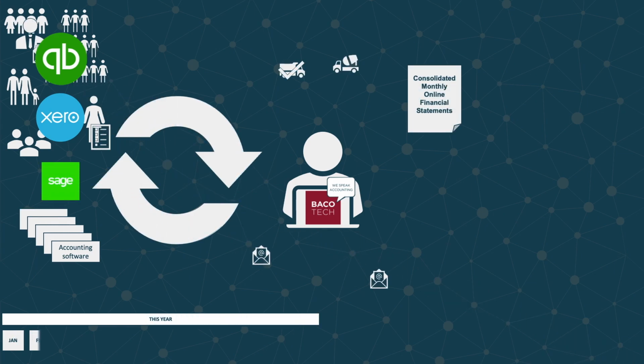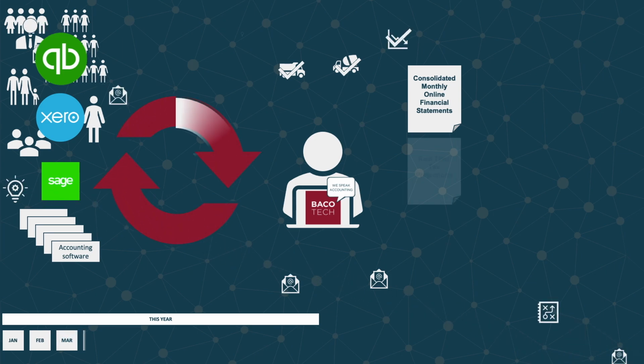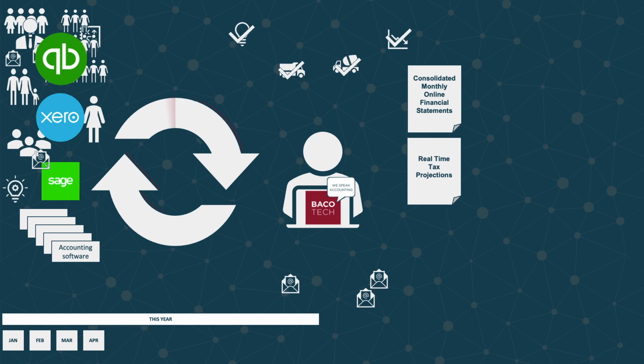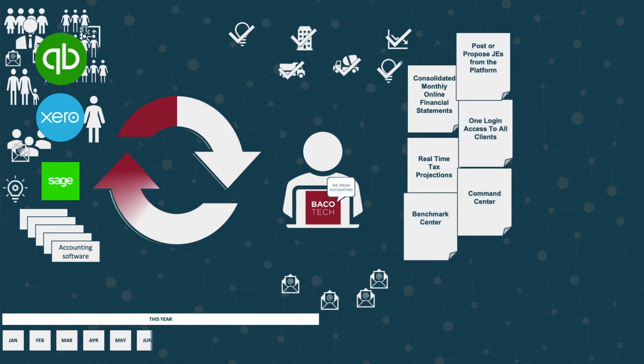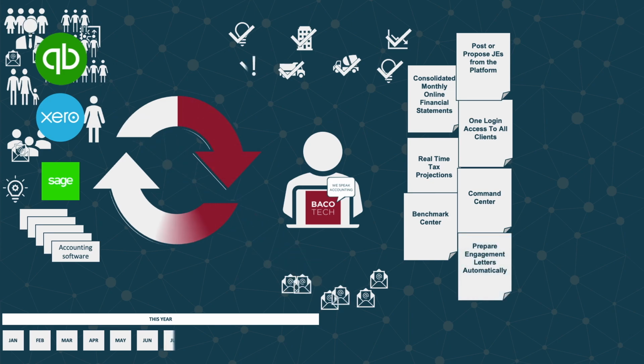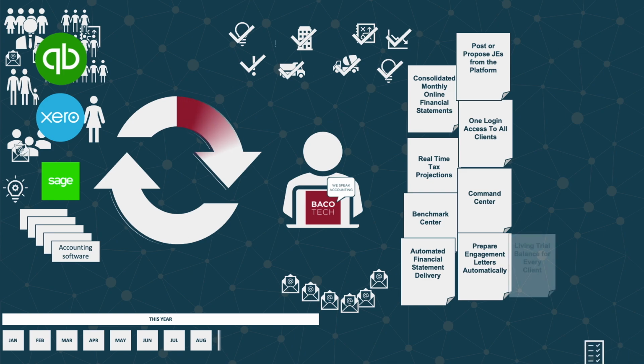So if we're looking at this year's taxes this year, in the first quarter of this year, we're already gathering information. We are able to make fixed asset additions, update depreciation schedules, and make the changes that we need real time. We have access to all our clients.